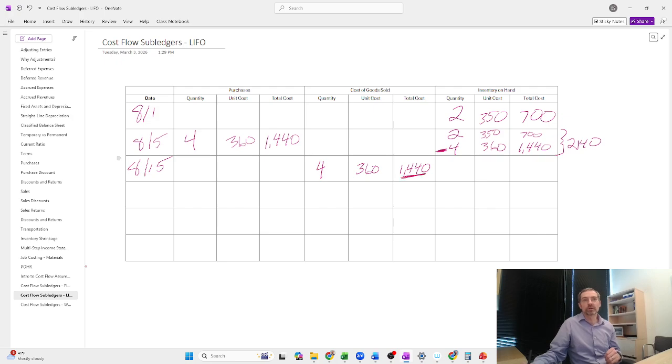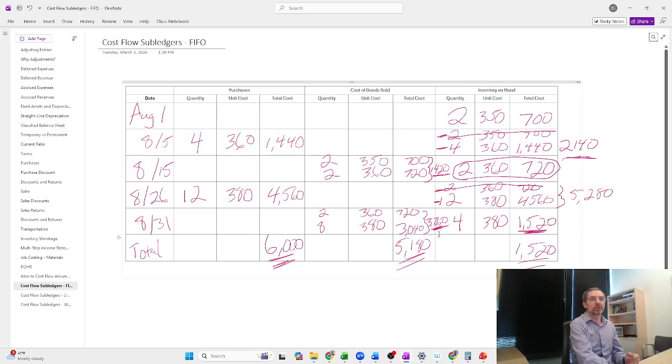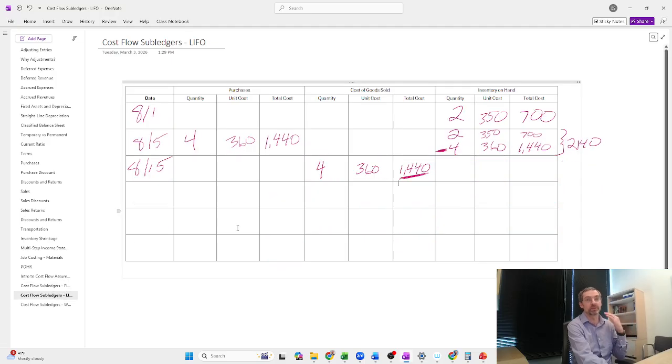This $1,440, that's what goes in the cost of goods sold journal entry. As opposed to, under FIFO, we calculated it at 1,420 because with that one, we are starting with our oldest and going to the newest. LIFO is going from the newest towards the oldest.